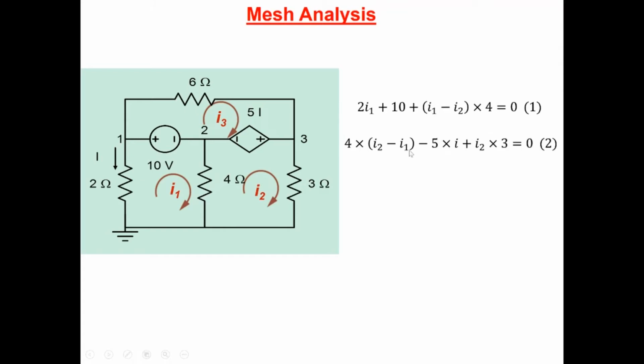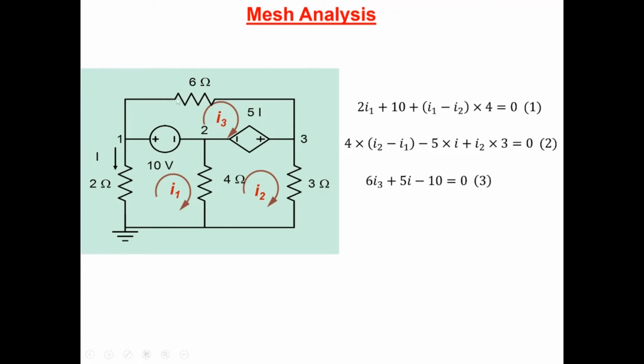For the other one, let's say we start from here, in the clockwise direction. So we start here, we go up, and as we go up, the drop is 4(I2 minus I1). Then when we come here, we are gaining a voltage, so minus 5I, and then we go down. We have a drop of I2 into 3, so that's equal to 0. And then we write down the third equation.